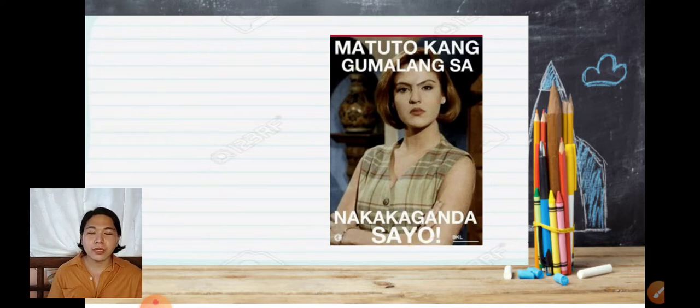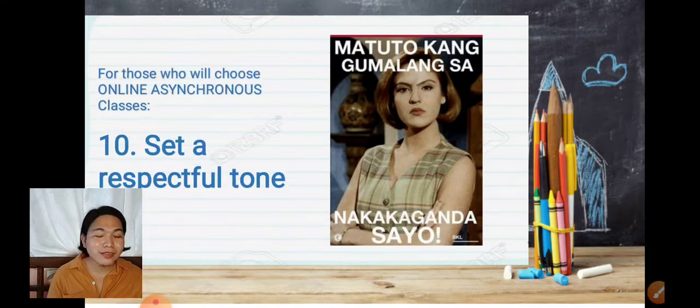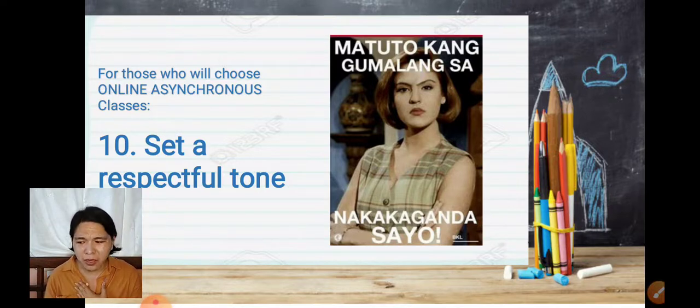And of course, learn to respect those who are older than you. Or in short, set a respectful tone. For example, I know there are some students right now who are quite used to messaging suddenly, like "Hi sir, may I ask." That feels a bit off because as a student we need to set a respectful tone, most especially since you will soon be teachers.